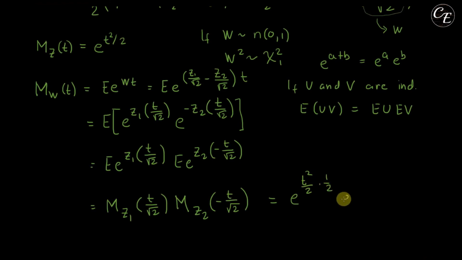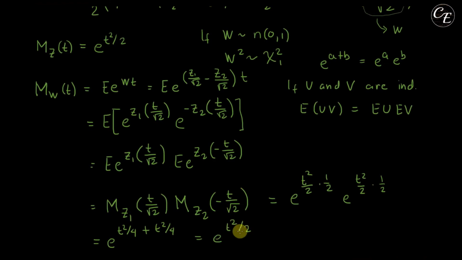Then e raised to square of this one, which is t squared over 2, then over 2, so we have here times 1/2. Then using this one will become this one. We will have here e raised to t squared over 4, and then plus this one, so we have here plus t squared over 4, or e raised to t squared over 4 plus t squared over 4, or t squared over 2.